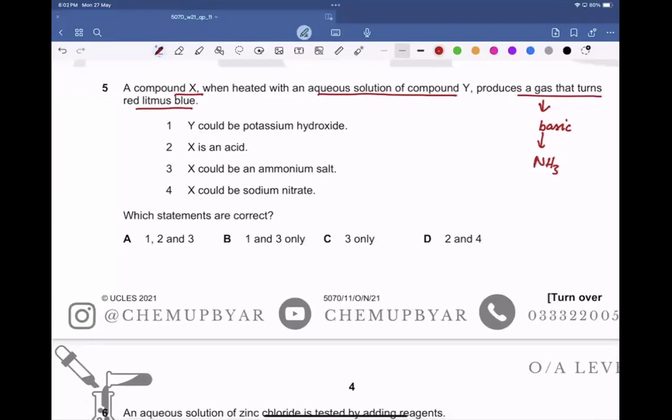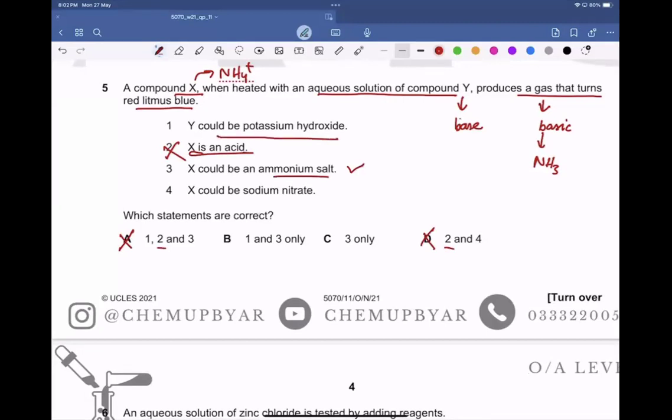Which statement is correct? So the aqueous solution is probably a base, a hydroxide, and X must contain the ammonium ion. X is an acid. So the second statement is completely wrong. And if the second is completely wrong, then A and B go wrong because both contain 2. X is an ammonium salt. Yes, the third statement is correct.